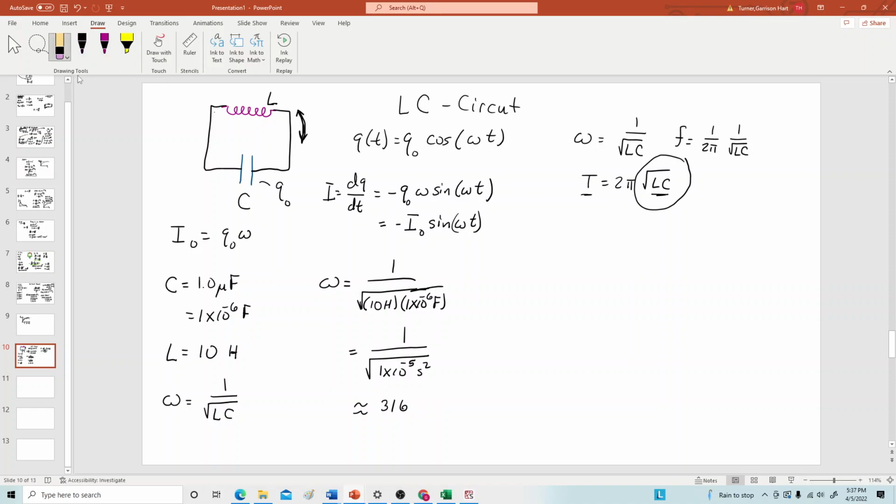You know what? Let's not call it hertz. This is going to be radians per second. So 316 radians per second. And a regular frequency then of 1 over 2 pi would give us 316 divided by 2 pi, which is 50.3.